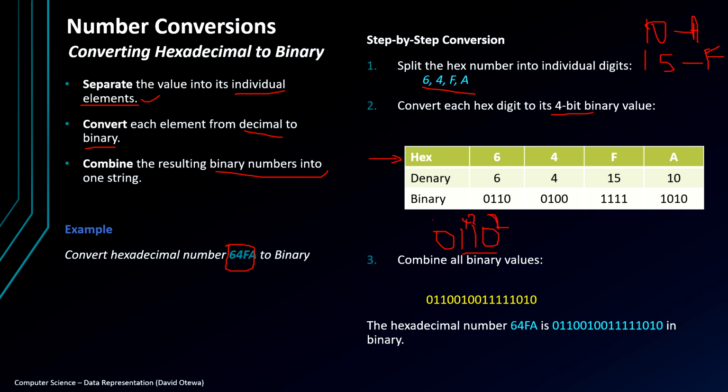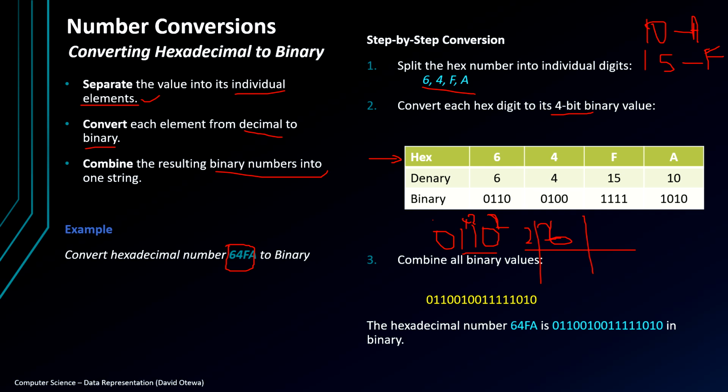The same goes for 4, which is 0, 1, 0, 0. Then 15 is 1, 1, 1, 1. Then 10 is 1, 0, 1, 0. We use this shortcut here. If you want, you can also divide and use the remainders to be sure of your answer. But I'm just trying to give you a shortcut.